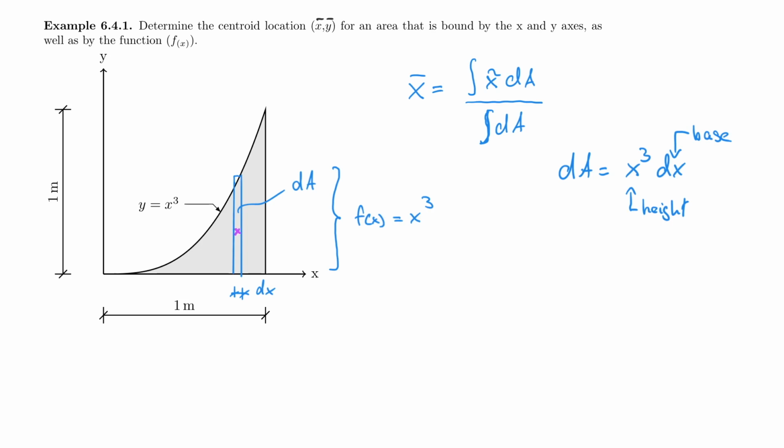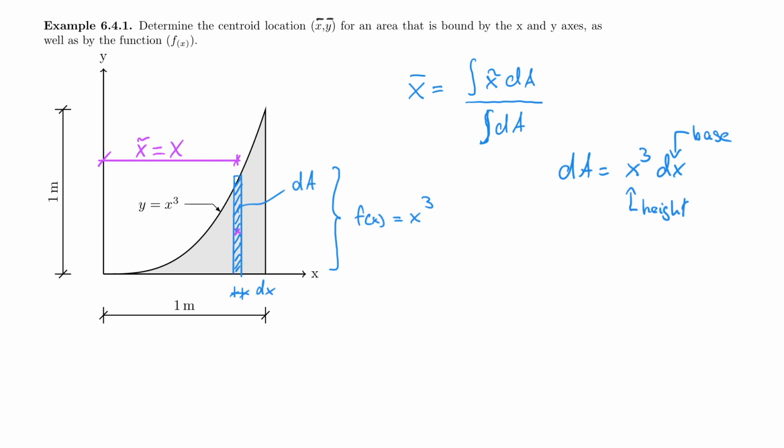And what that means is that I have a x tilde for this element and for any other element that is equal to x, right? So even if I move my area element, this area element here, if I move this further to the left, then I would still integrate at x. And so this is true no matter where my area element is.